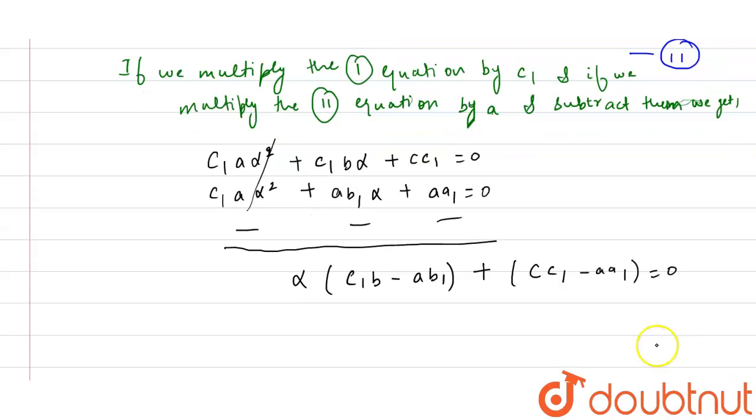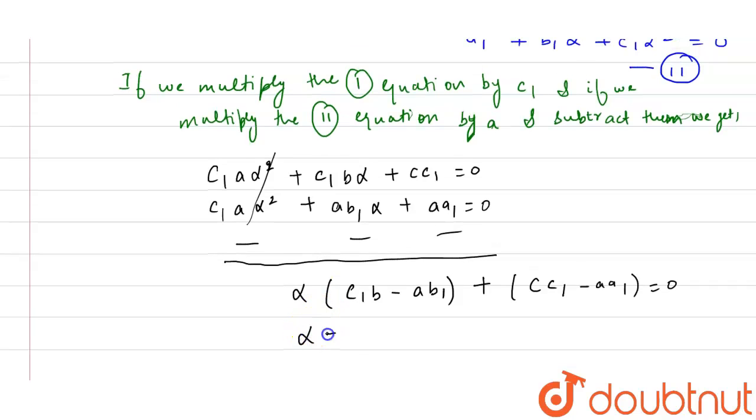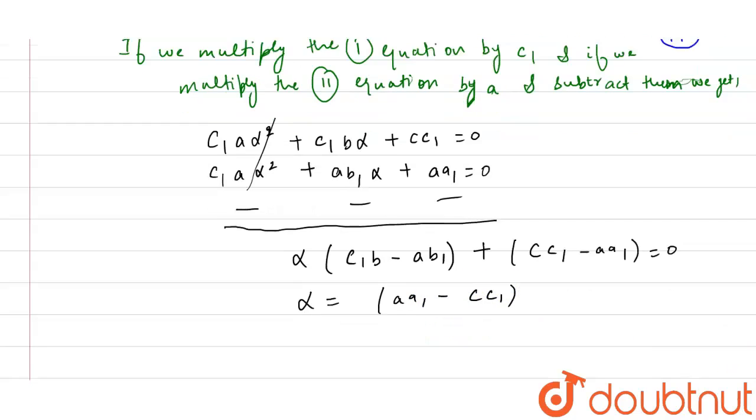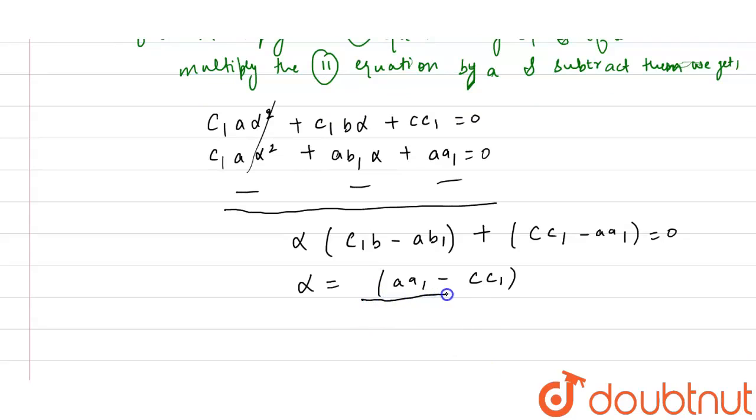These are the two terms we get from this. So from here we get the value of alpha: alpha equals (a1 minus c1) divided by (c1b minus ab1). This is the value of alpha.